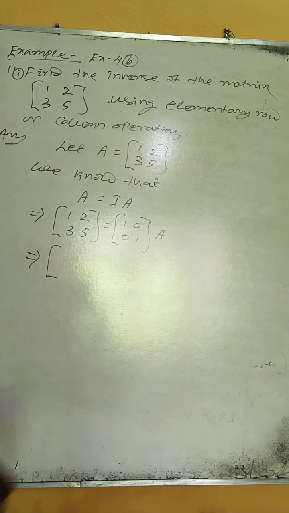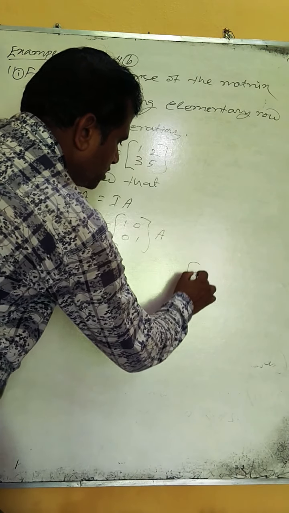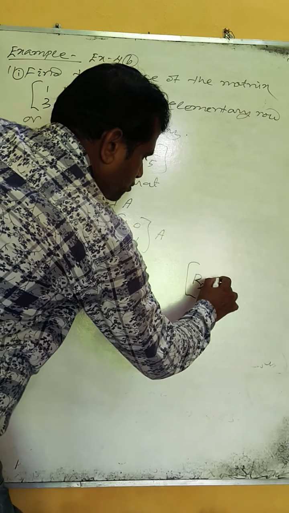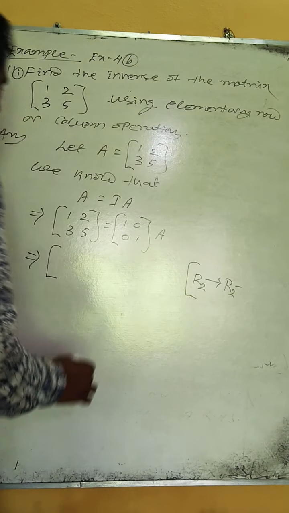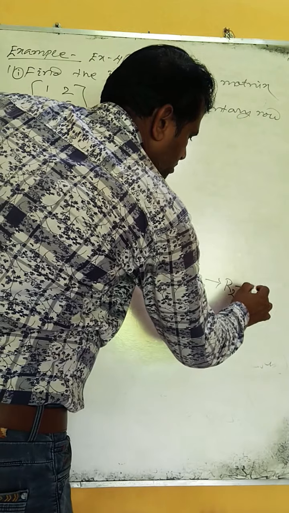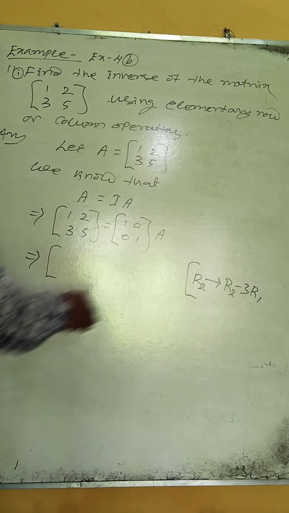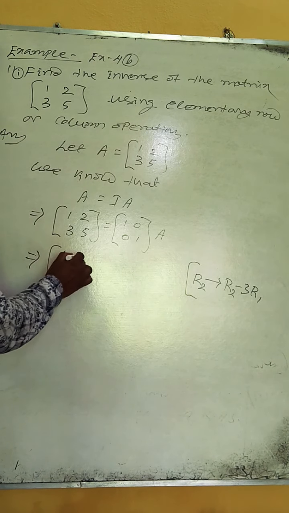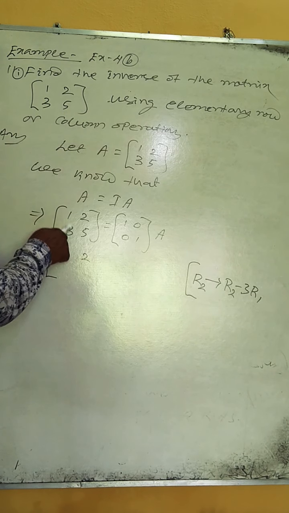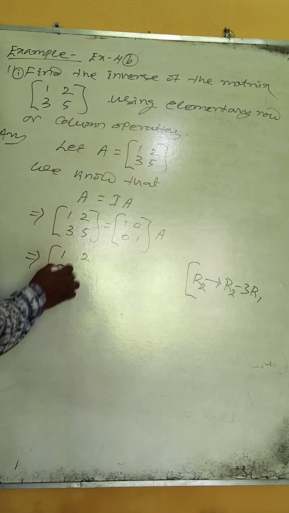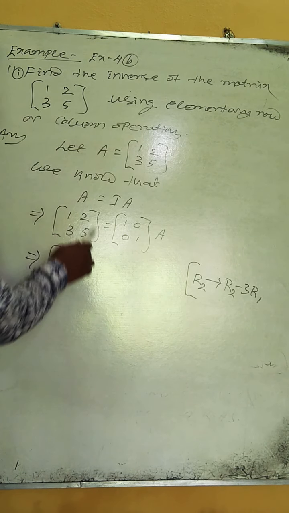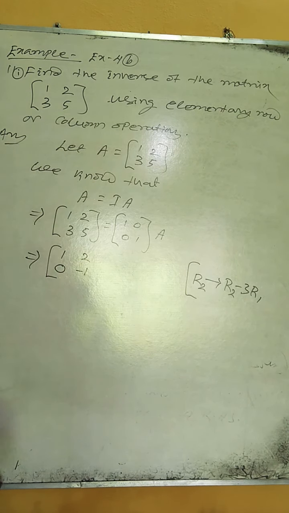First transform R2 to R2 minus 3R1. So 1 2 stays, and R2 minus 3R1 gives 3 minus 3 into 1, that equals 0, and 5 minus 3 into 2, that is 5 minus 6, minus 1.